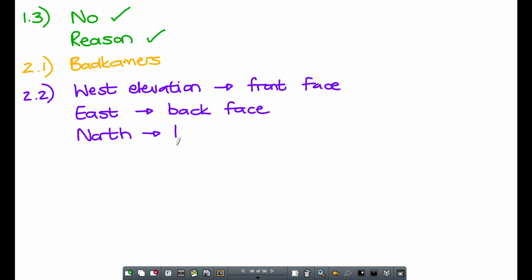Yes. Left en dan sou south obviously teenoorgestelde wees, met ander woorde die regterkant, né? Nee. Okay, any questions there? Goed, kom ons kyk vir 2.3.